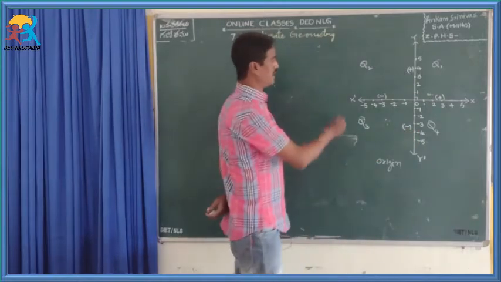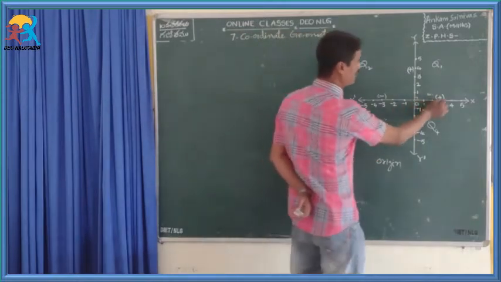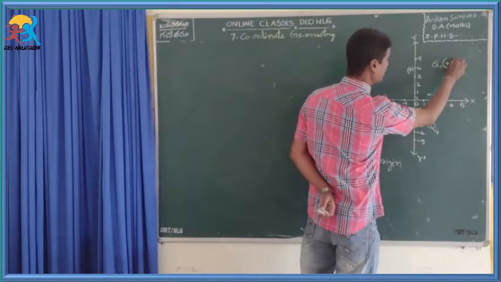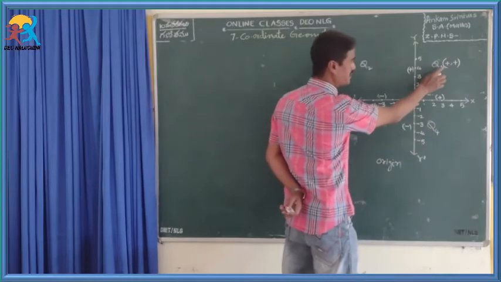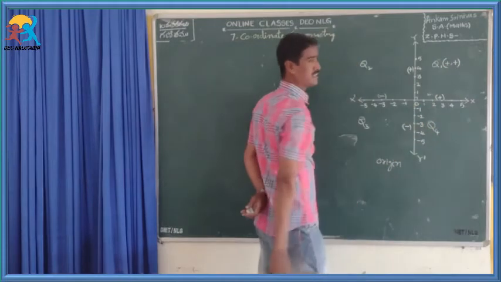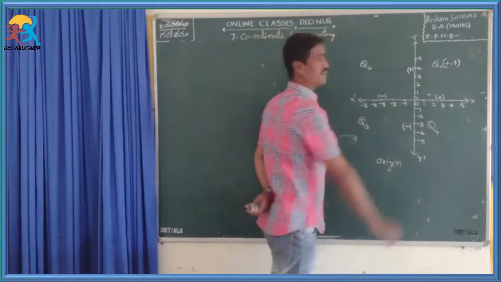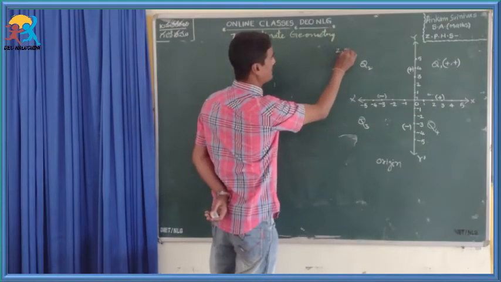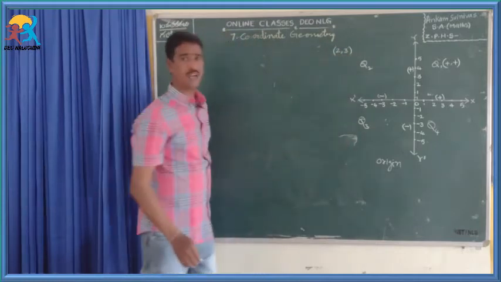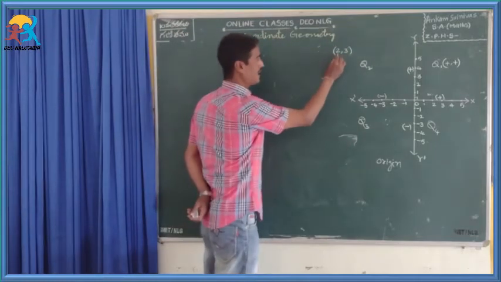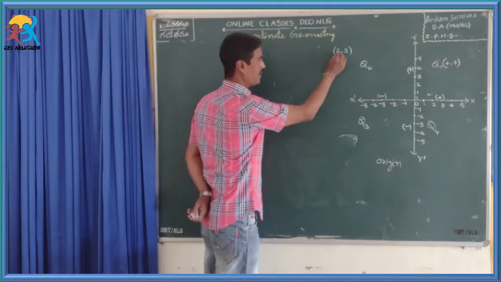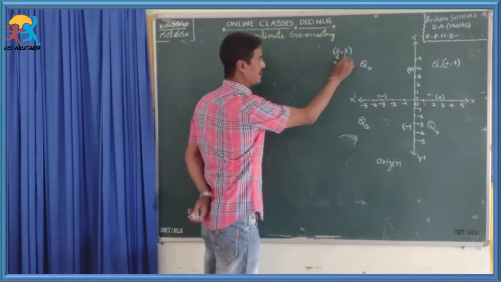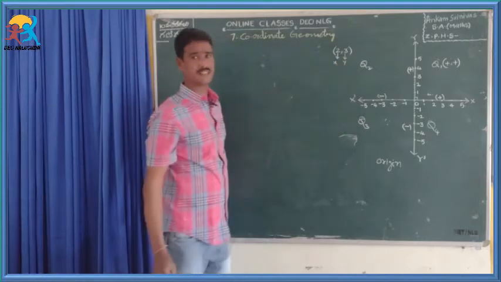We know the coordinates of the first quadrant have the sign plus comma plus. The first is called the x coordinate, the second is called the y coordinate. Suppose I take 2 comma 3. In 2 comma 3, 2 is the x coordinate and 3 is the y coordinate.